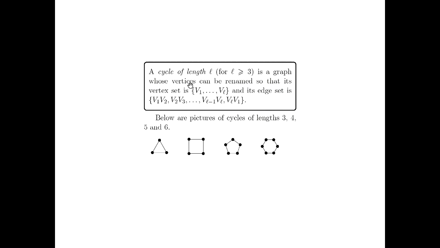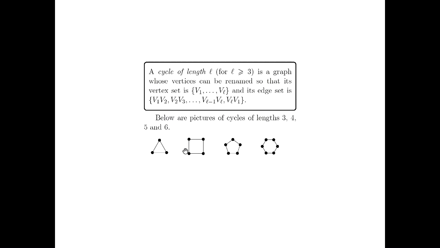So a cycle of length L has L vertices, and we should be able to relabel them V1 up to VL, so that our edges are V1 V2, V2 V3, all the way up to V(L-1) VL. That puts them in a line, but then we also have an edge from the end to the start, between VL and V1.